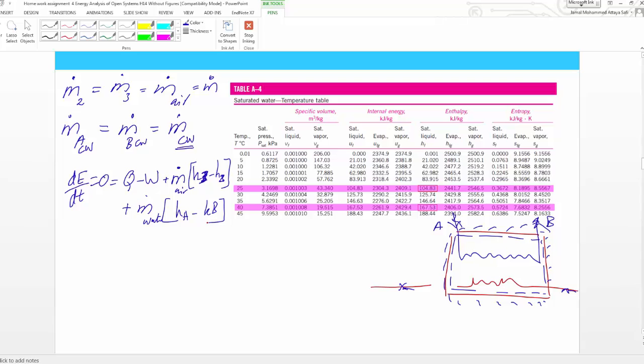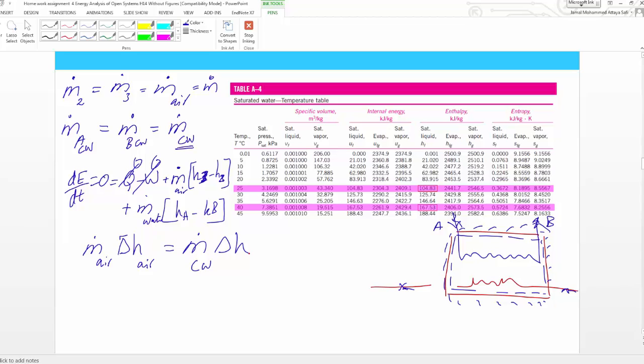Now, we know that Q is not leaving, the work is 0, so it's telling me that the mass flow rate of the air multiplied by dH of the air is equal to the mass flow rate of the cooling water multiplied by dH for the cooling water.